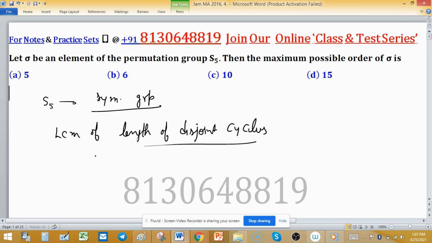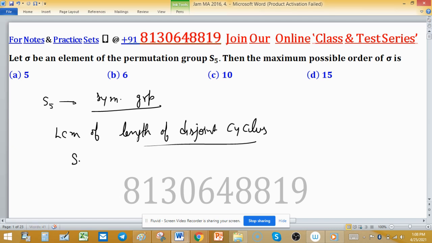If you have any permutation, write it in disjoint cycles, and the order of the element will be the LCM of the cycle lengths.